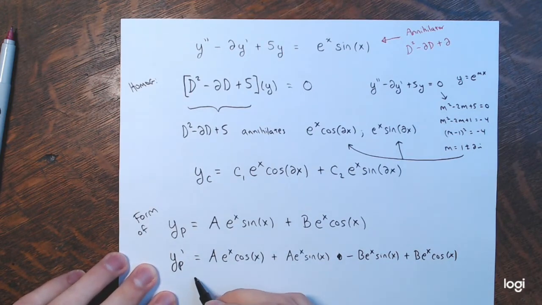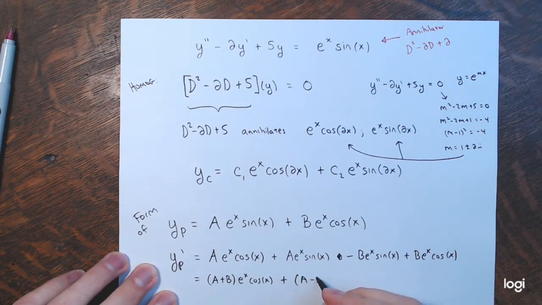And then putting some stuff together, the e to the x cosine x stuff, we have a plus b times e to the x cosine x. And putting the e to the x sine x stuff together, we have plus a minus b e to the x sine x.